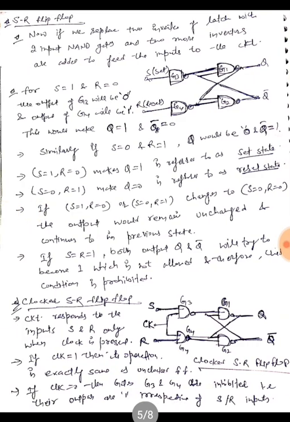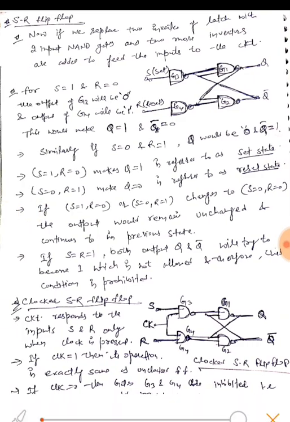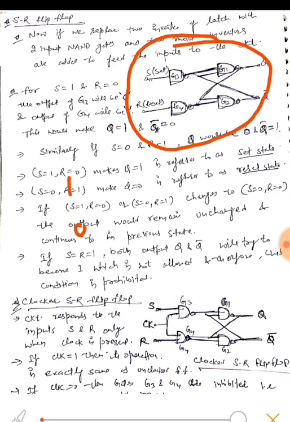It will also store only one bit of memory, that is 1 or 0, but we can provide external inputs to change that state from 1 to 0 or 0 to 1. This is the basic difference between a latch and a flip-flop. We cannot provide external input to the latch, but in a flip-flop we can.